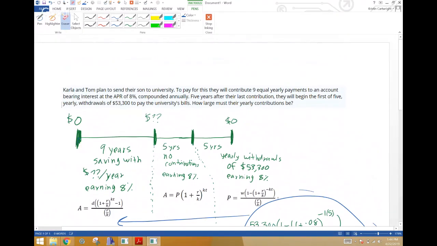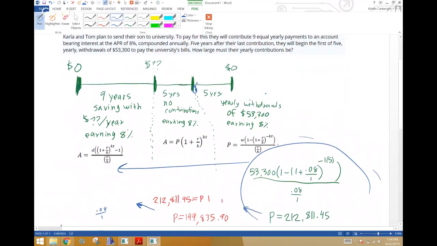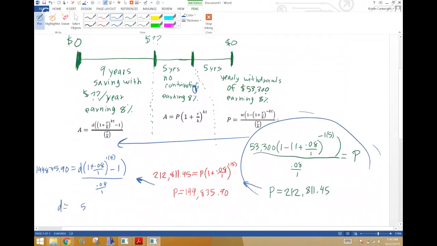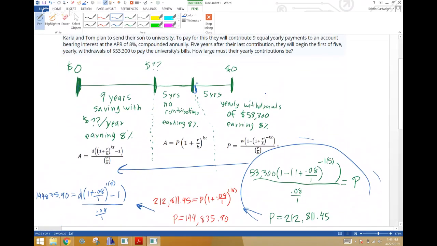So at this point in time right here, 212,800 needs to be in the account at the beginning of this 5-year span. That's what we just found.